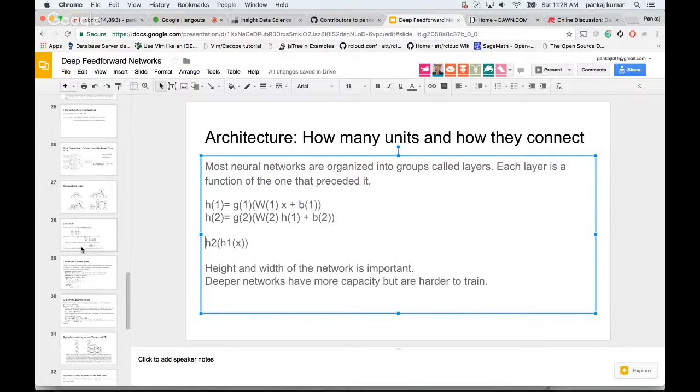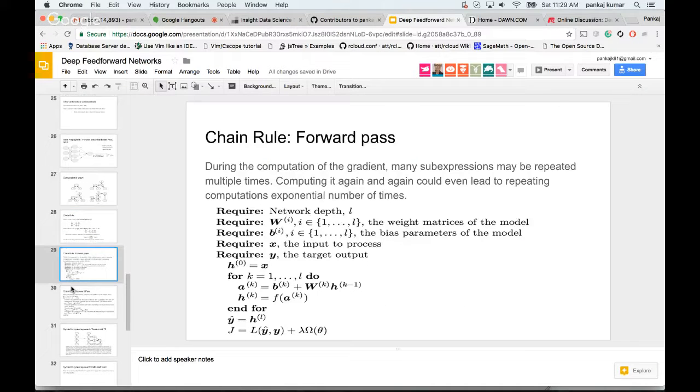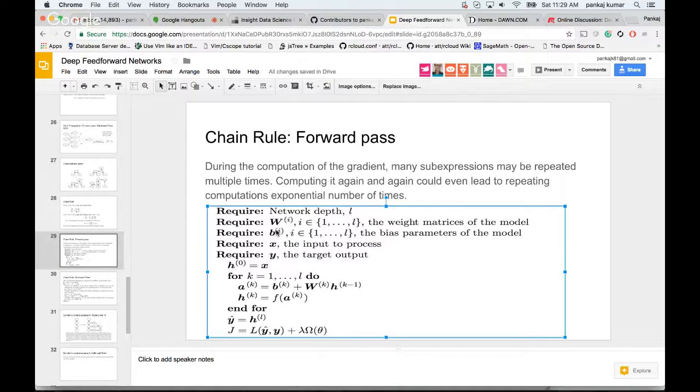Okay, so then the book goes on to give what a forward pass and a backward pass is. So here I'll just go through it.